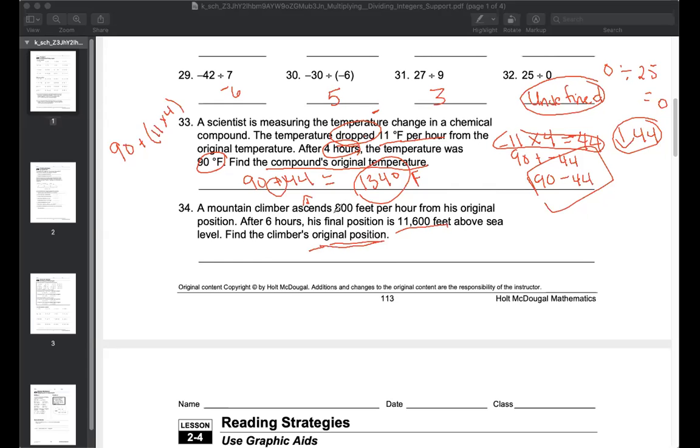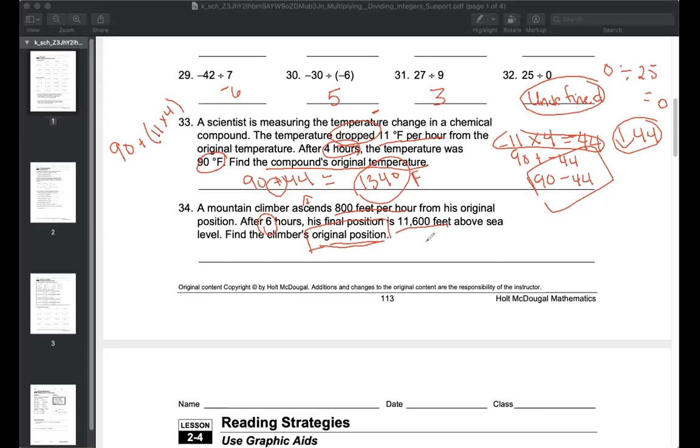Okay, so he goes up 800 feet per hour from his original position. After 6 hours, his final position is 11,600 feet above sea level. Find the climber's original position. All right, so I'm looking for the original position, right?